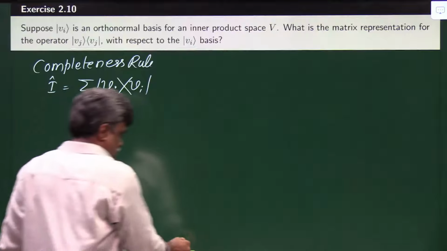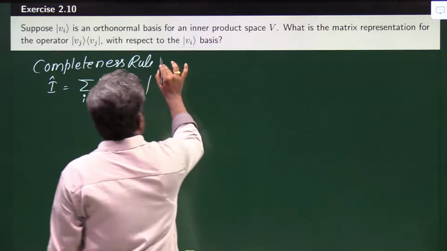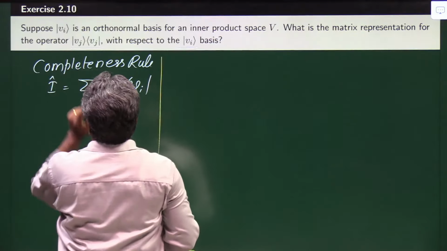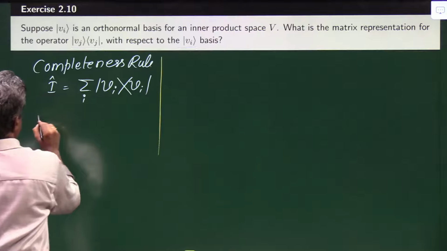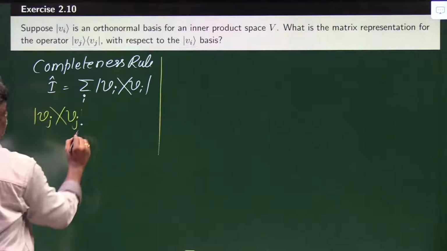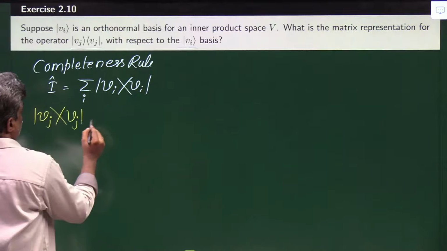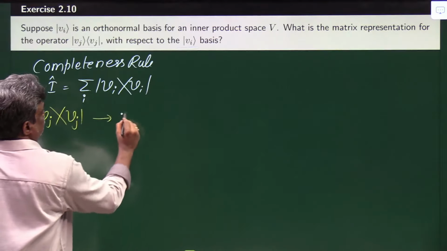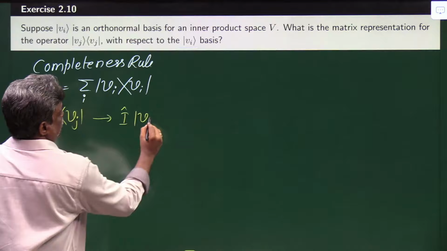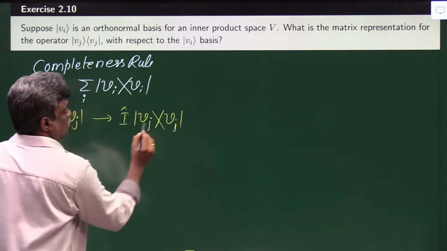Okay, now let's come back to our problem. So here they have given this outer product operator, that is |vj⟩⟨vj|. Okay, so now we can write this as I |vj⟩⟨vj|, right?